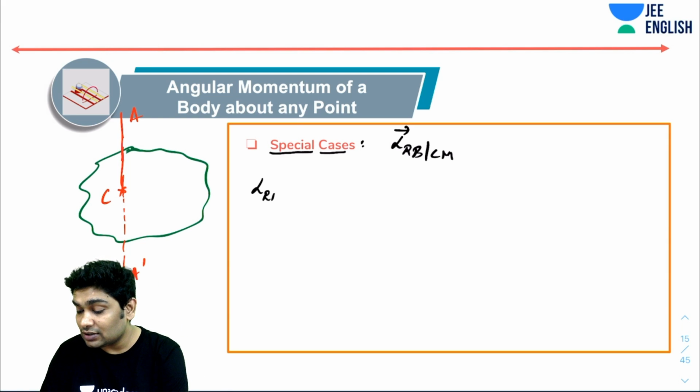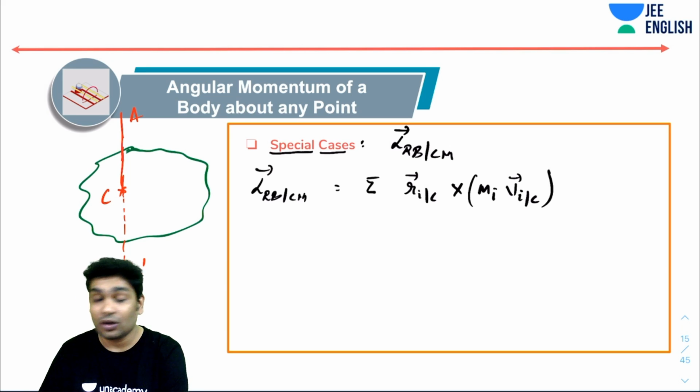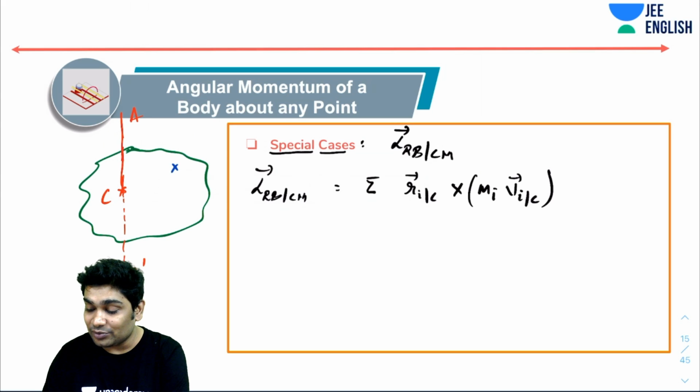So this, with respect to CM, would have been nothing but the summation of R of i with respect to CM cross P of i with respect to CM, which would have been mass of i times V of i with respect to CM. Okay. Now you will also realize, if I talk about the ith particle in the frame of the CM, so let's say this is the ith particle, this is R of i with respect to the CM.